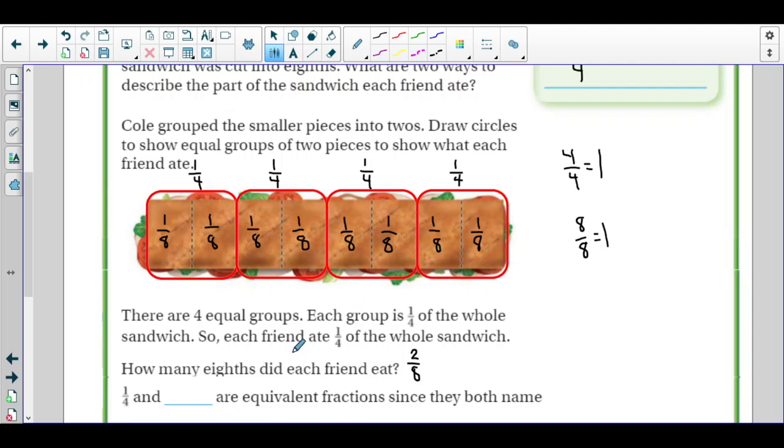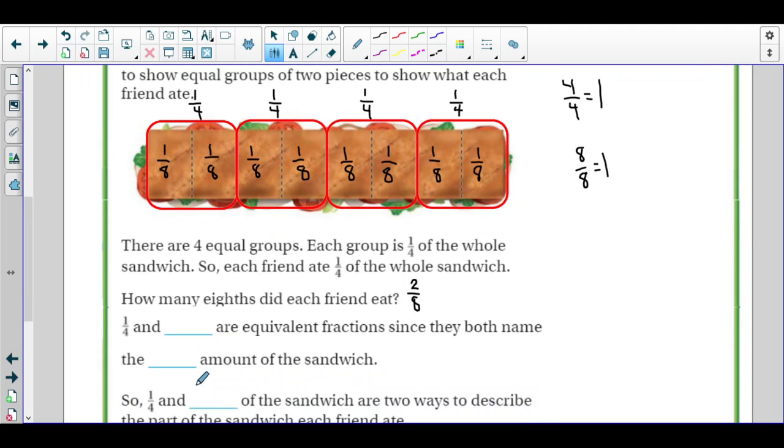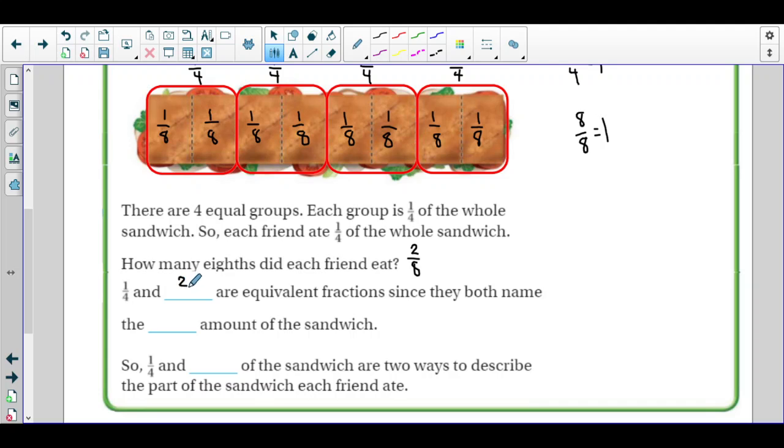So 1/4 and 2 eighths are equivalent fractions since they both name the same amount of the sandwich. So 1/4 and 2/8 of the sandwich are two ways to describe the parts of the sandwich that each friend ate.